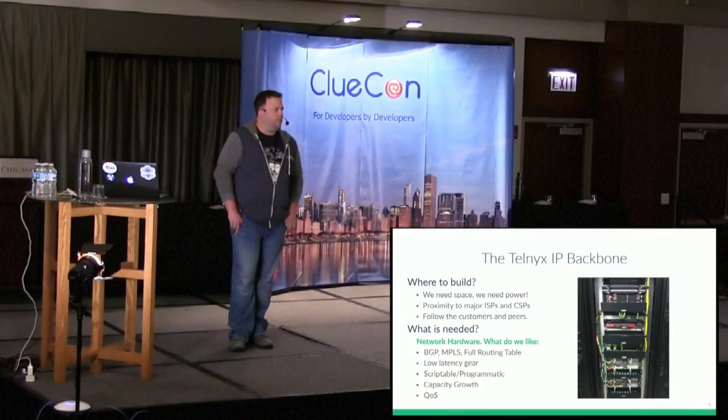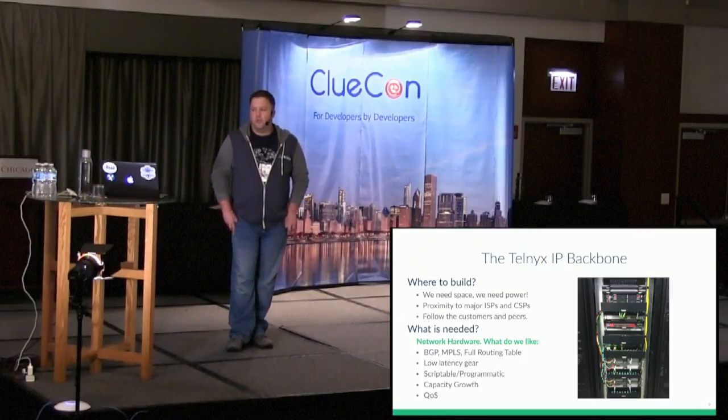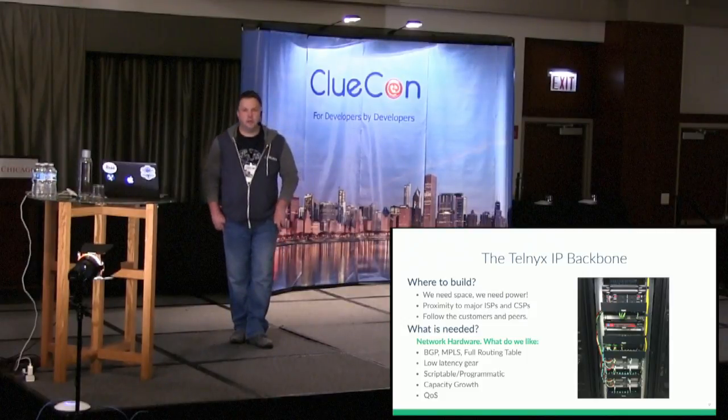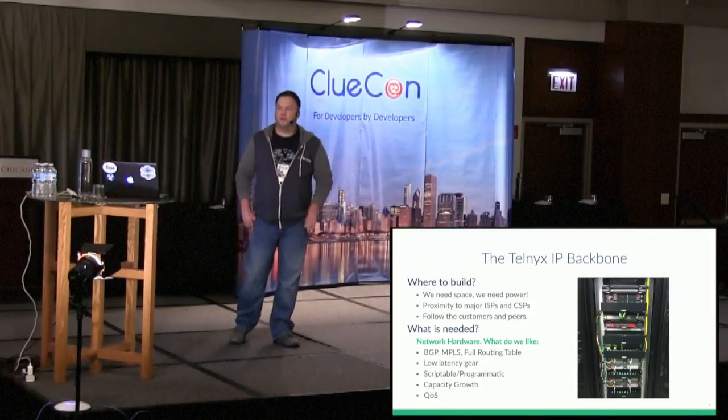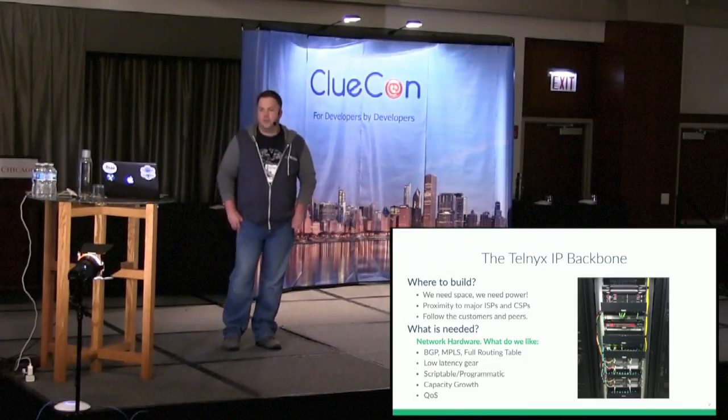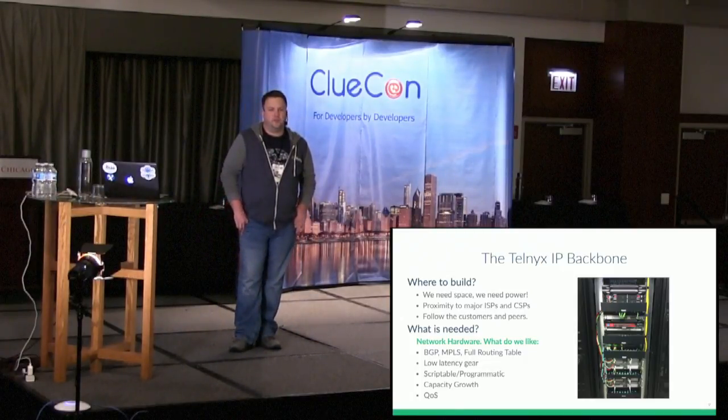So what is needed? We need all this network hardware, right? And what we like in our hardware and in our network of choice, we're a heavy BGP organization. So BGP is our primary routing protocol that we're using to announce routes, consume routes, and then pass that traffic across our backbone. We need the ability to do full tables, which gives us the highest degree of routing visibility within each metro that we're located in.